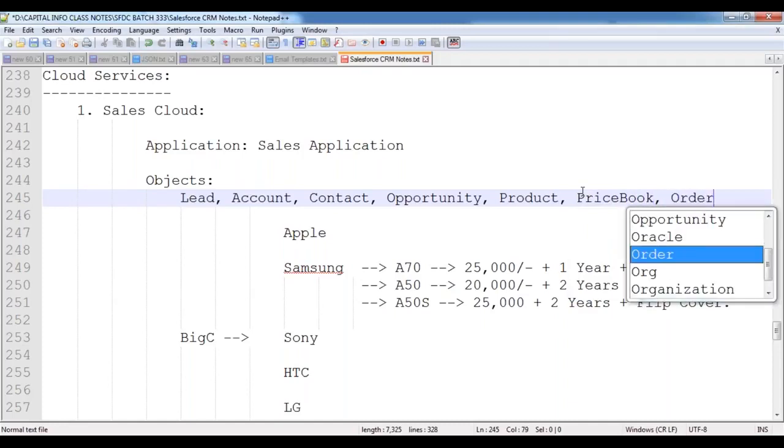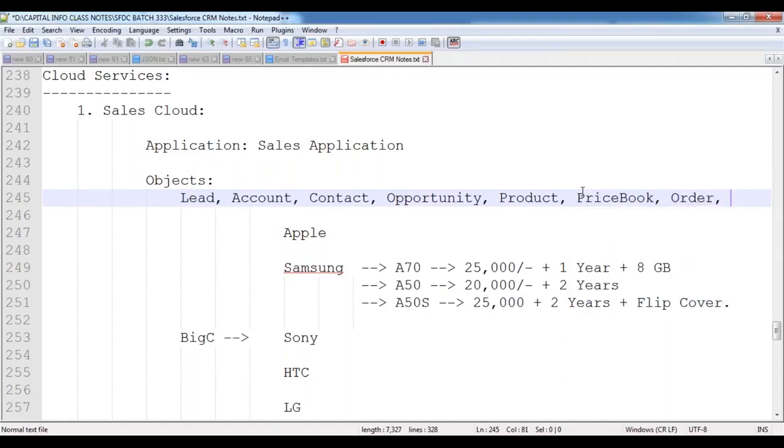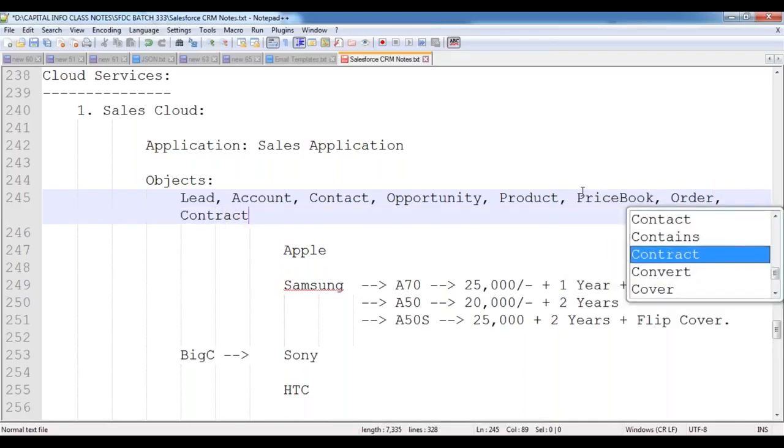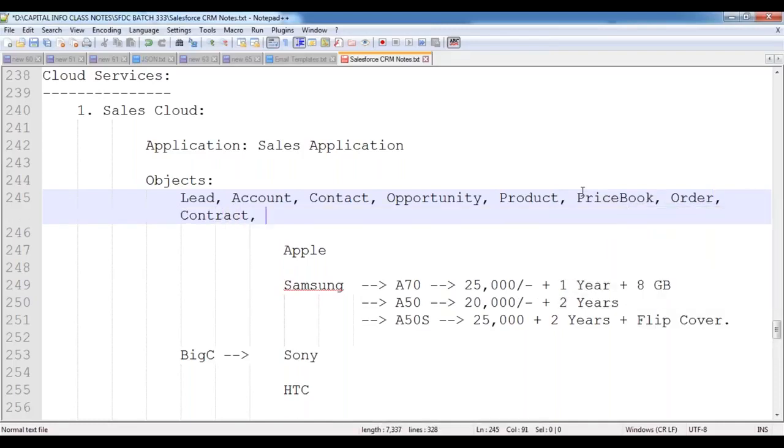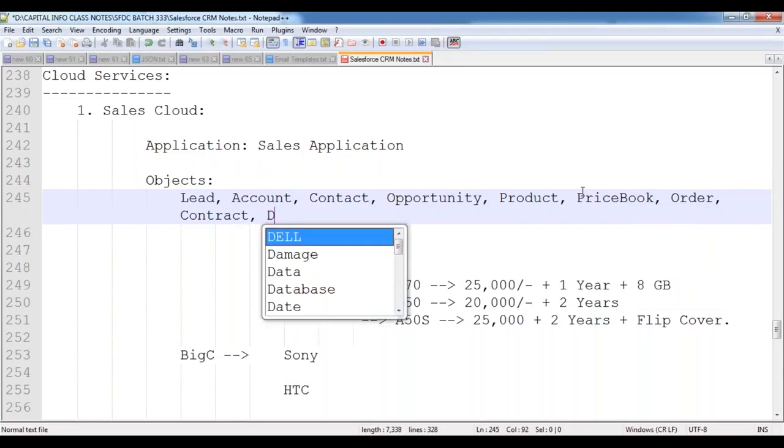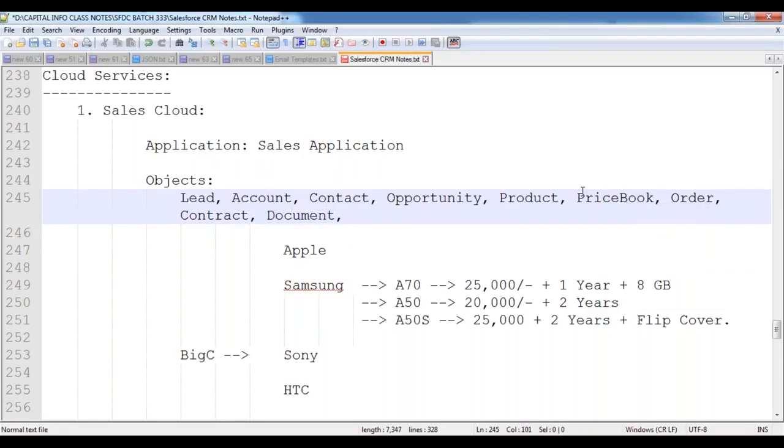To store the orders information, we are using the order object. To collect the contracts information, the contract object. Along with that, we are using the document object, and the quote object to store the quotations information. We are using the task object and the event object. Like that, we are using the various objects as part of the Sales application.